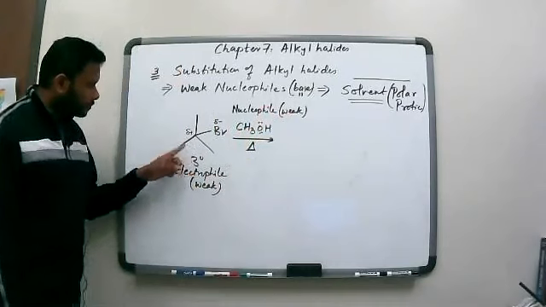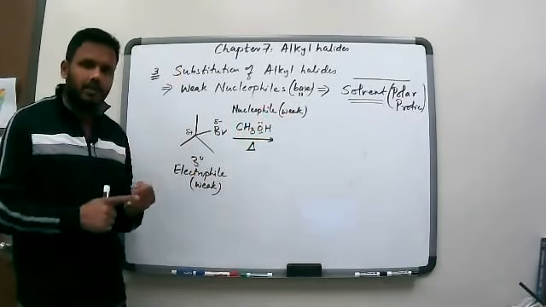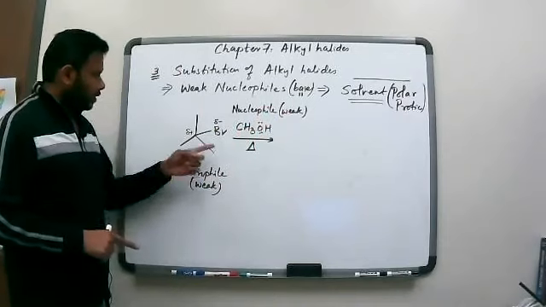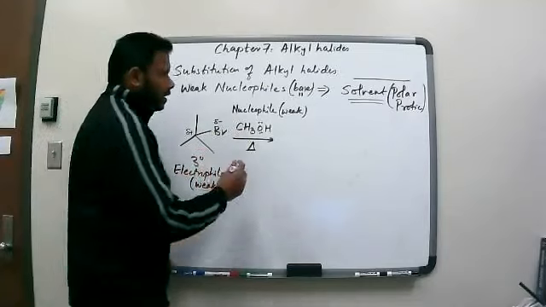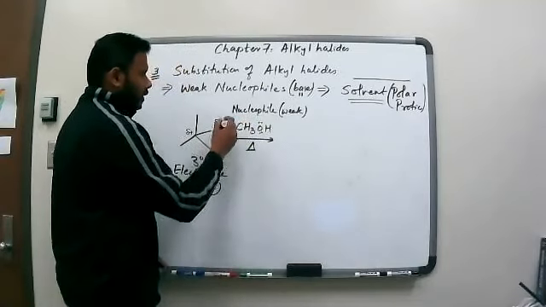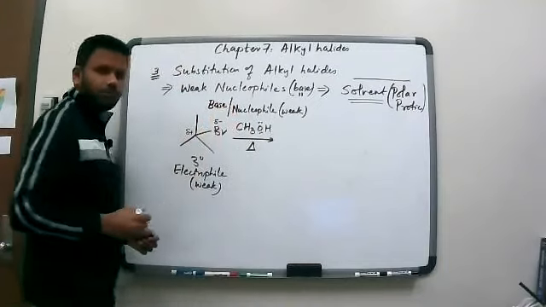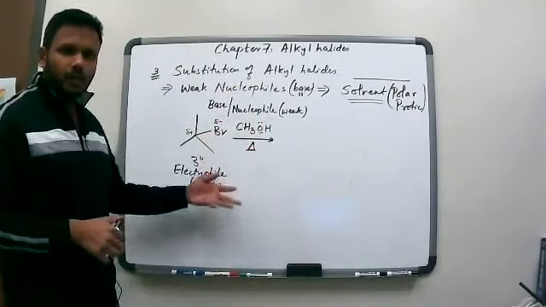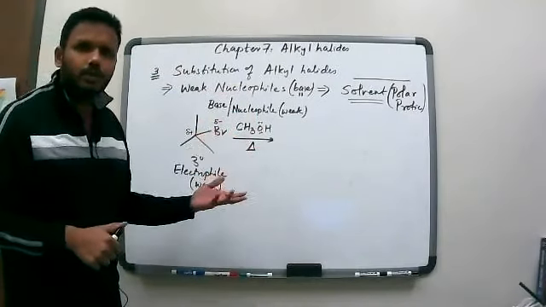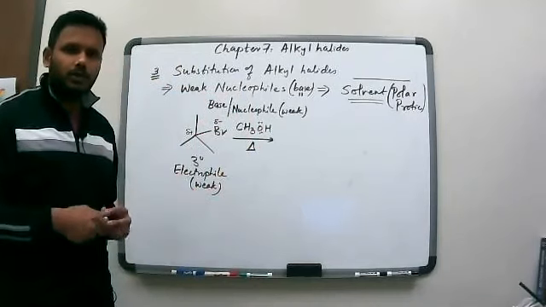So a tertiary alkyl halide should not undergo SN2 reactions. This is a weak nucleophile, and since it's a weak nucleophile, this is also a weak base. Since it is a weak base, we do not expect E2 reactions to happen either, because E2 requires a strong base.